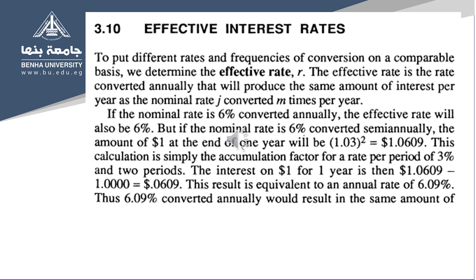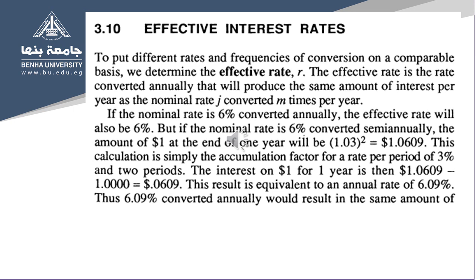But if the nominal rate is 6% converted semi-annually, the amount of $1 at the end of 1 year will be 1.03 to the power 2. This calculation is simply the accumulation factor for a rate per period of 3% and 2 periods.